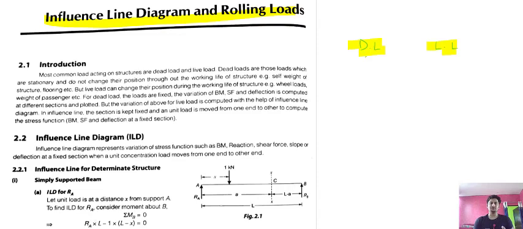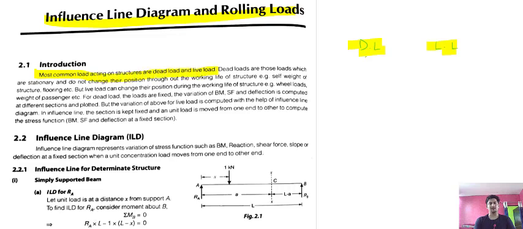But in case of live load, there are passengers or wheel loads that are moving on the structure. That type of loading is moving load, and you can term it the live load.